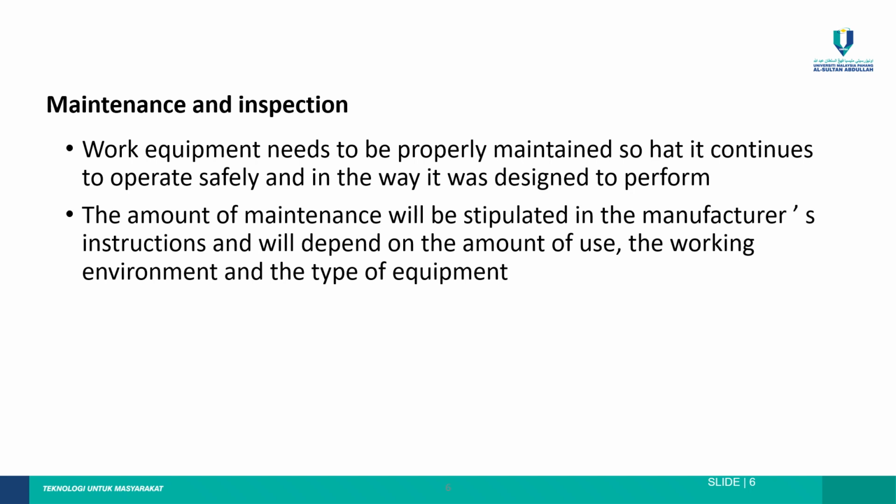And also the amount of use: if you use it heavily, maybe instead of replacing the lubricant every 6 months, you should replace it every 2 or 3 months. The working environment, I'm using the analogy of a vehicle. If you are working in a dirty environment, or an environment where the road is not too good, then maybe the maintenance will be more frequent. And also the type of equipment.